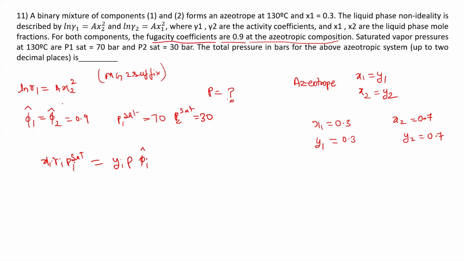So P is equal to x1 gamma 1 P1 sat by y1 phi 1 cap. X1 I already know is 0.3, but gamma 1 I don't know. ln gamma 1 equals A times x2 square, but I don't know what A is.